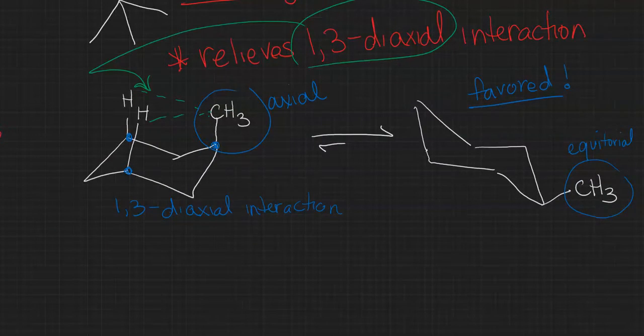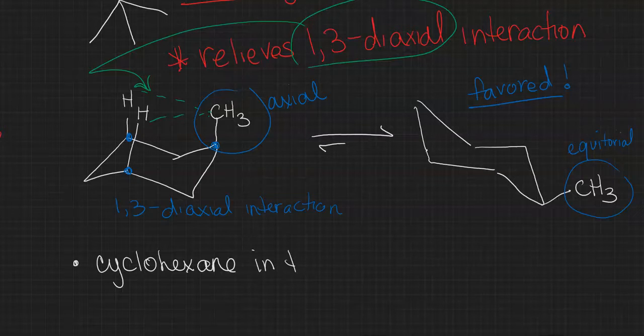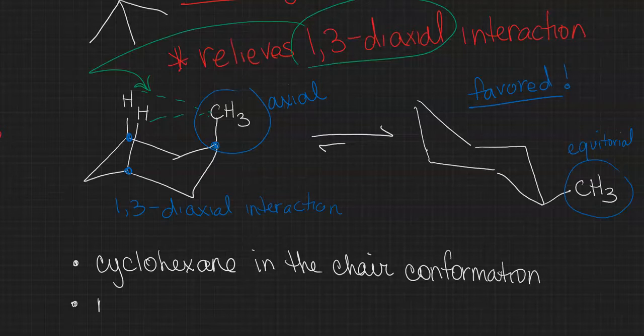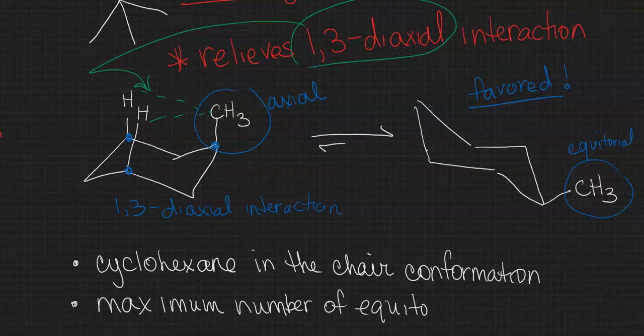So if we want to summarize that a little bit, we can say that you want the cyclohexane in the chair conformation, and you want the maximum number of equatorial substituents.